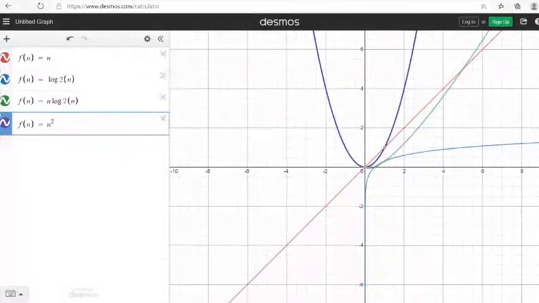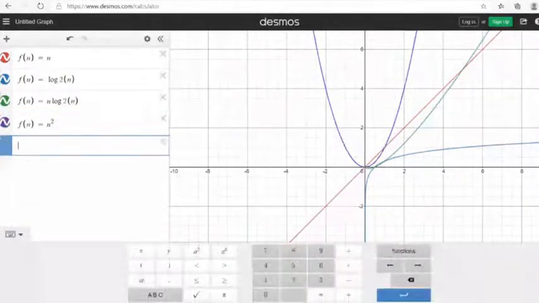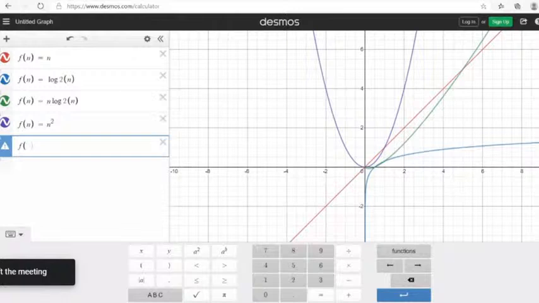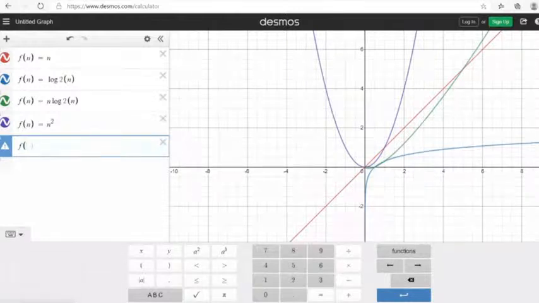Now we have taken n, log 2 of n, n log 2 of n, and n square. Next we'll take f of n is equal to 2 power n.